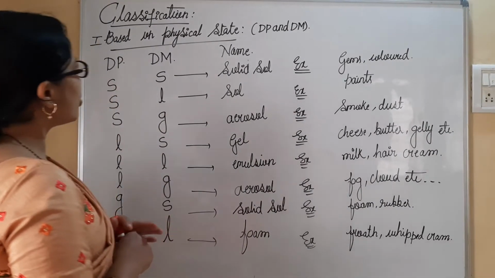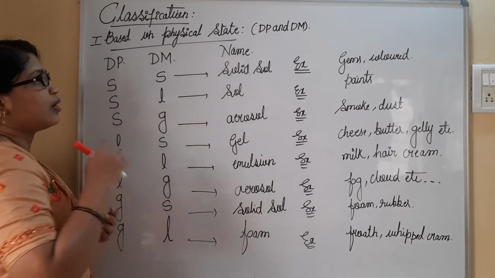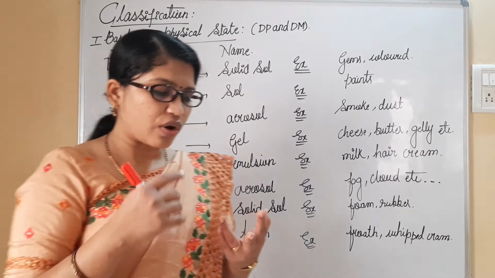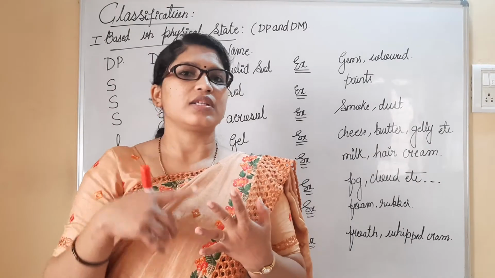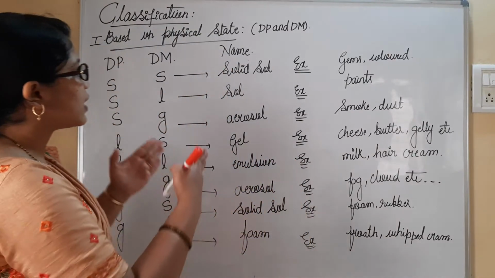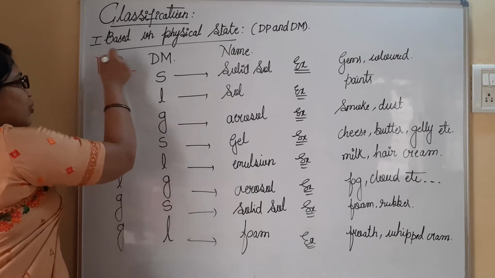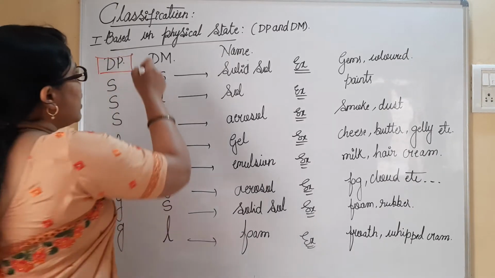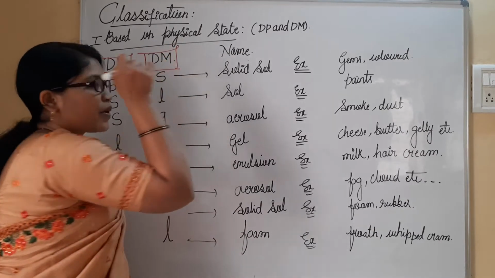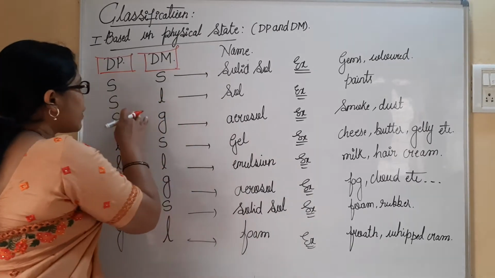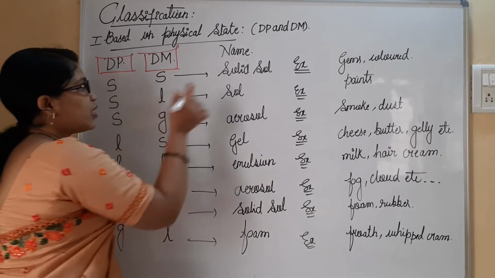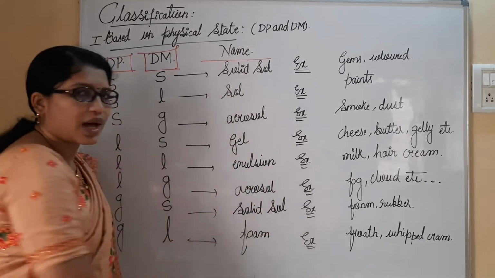Now, based on the physical state of the dispersed phase and dispersion medium, we have certain classifications. DP indicates the dispersed phase, DM indicates the dispersion medium. Together they name the particular colloid.